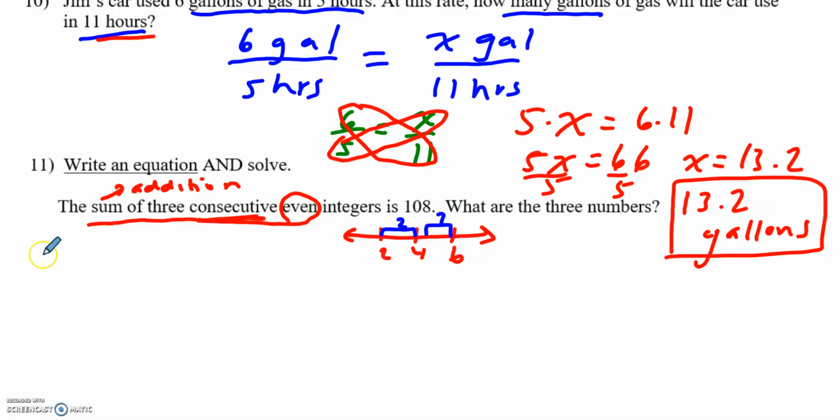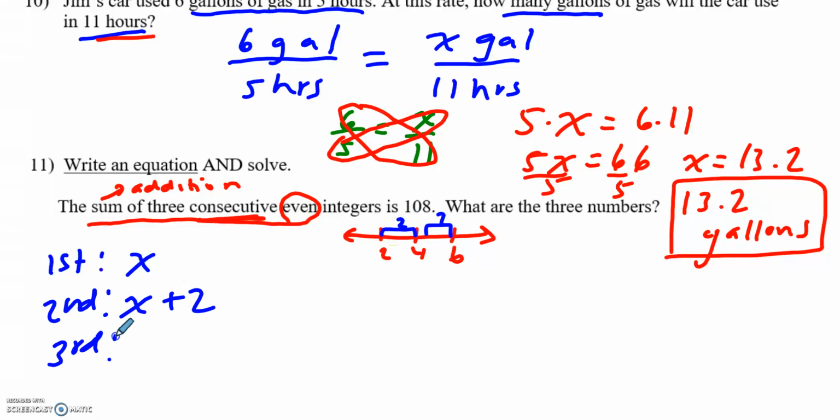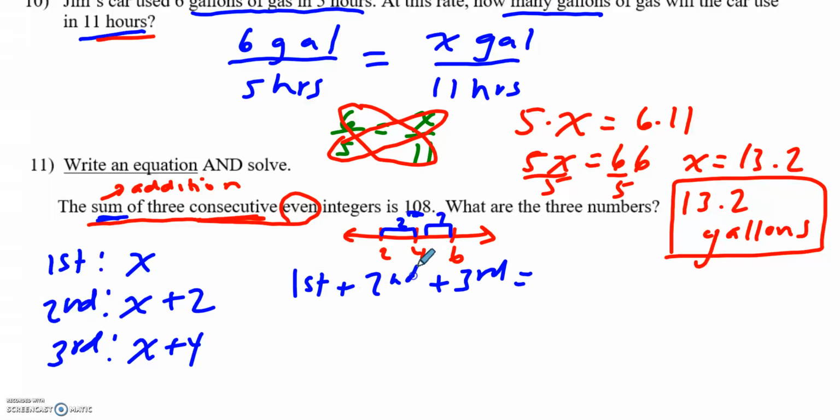So if we don't know what these numbers are, what I did in the past was I said that the first number was x, the second number was 2 units later, or x plus 2, and the third number is another 2 units later, which we represented as x plus 4. And so if the sum is 108, that means the first number plus the second number plus the third number equals 108.